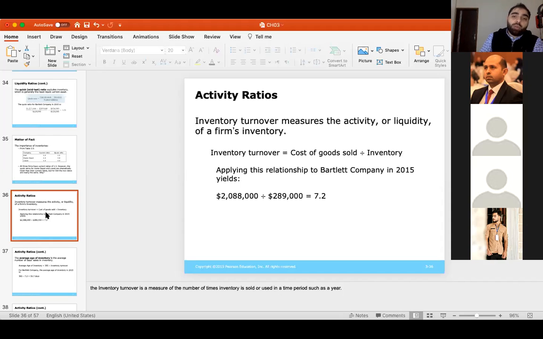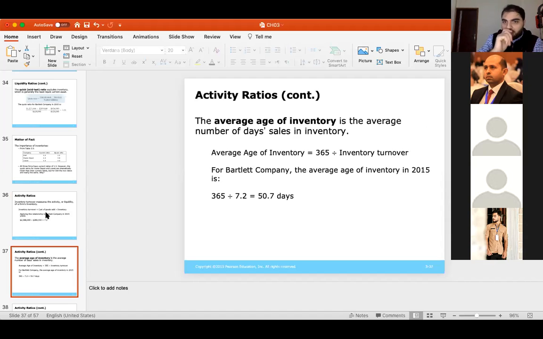It makes no sense if I compare a telecommunication company with an industrial company, or with a service or a financial company. So make sure all the time that you are comparing companies that have the same characteristics.